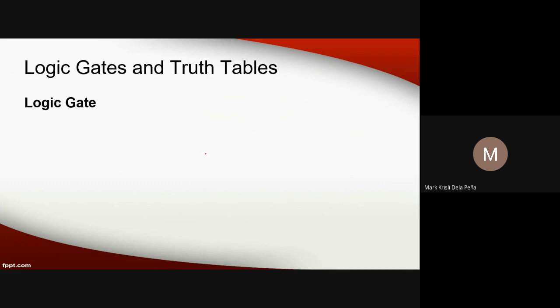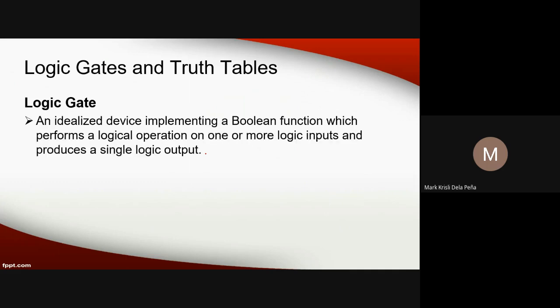For example, the AND, the Boolean product, has a symbol which is the AND gate. The Boolean sum has the OR gate. The Boolean complement or the negation has the NOT gate. So when we say a gate, this is an idealized device implementing the Boolean function, the Boolean operations.